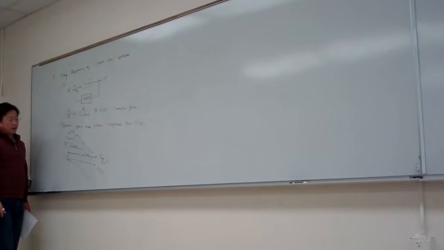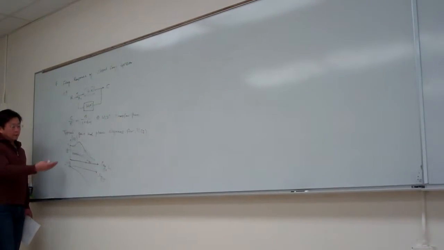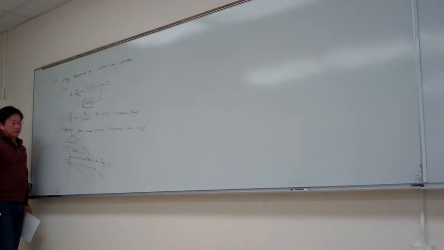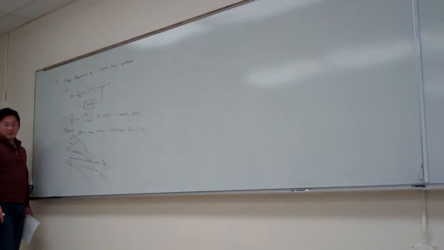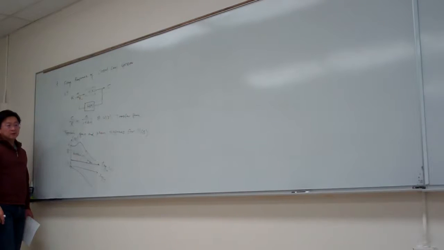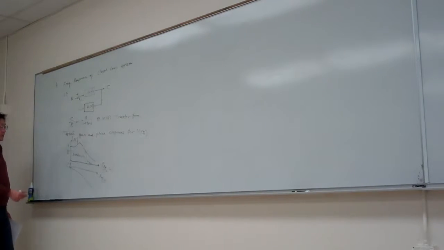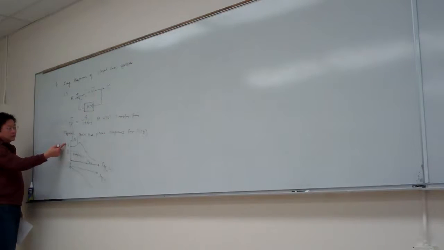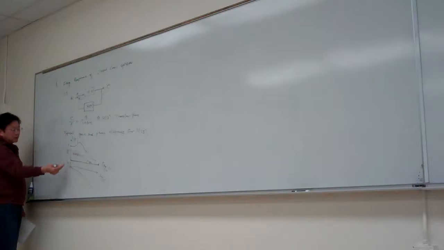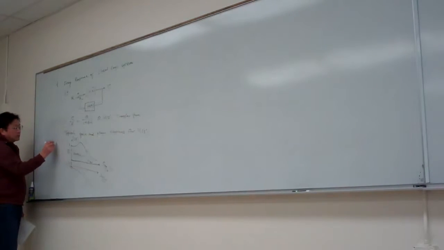From this curve we can also have other discussion regarding stability. Certain systems have certain features, and from this graph, later on if we have time, we can get into that direction. But anyhow, the two plots together, the gain and the phase, are called the Bode plot.